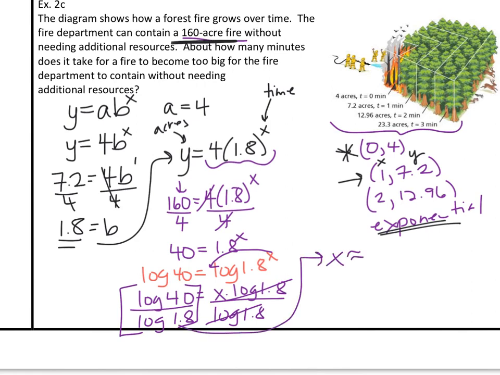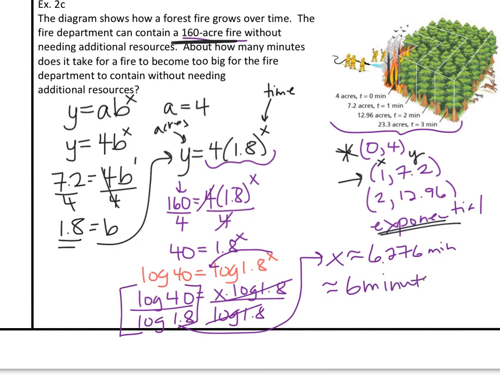If we take log 40 divided by log 1.8, we get approximately 6.276 minutes. So it doesn't take very long for that fire to escalate quickly and burn over 160 acres. It says about how many minutes does it take? We would say about 6 minutes.